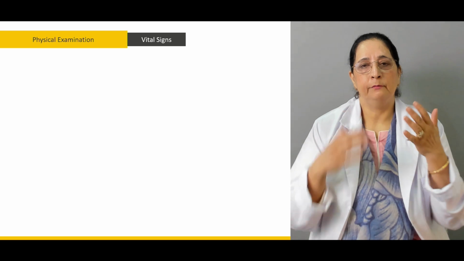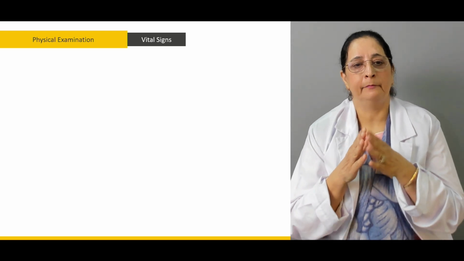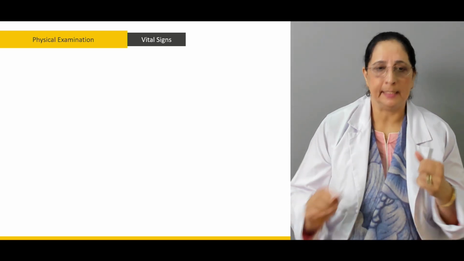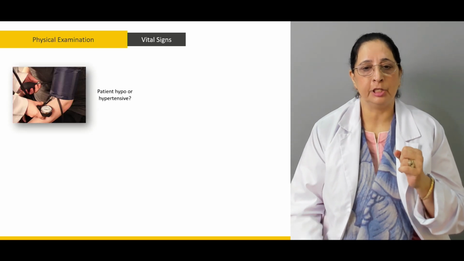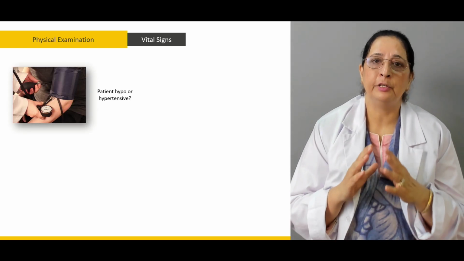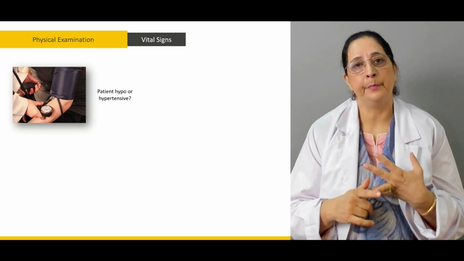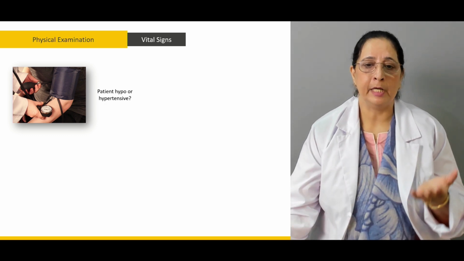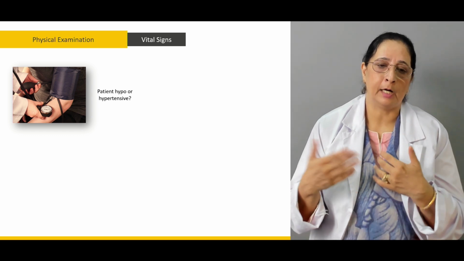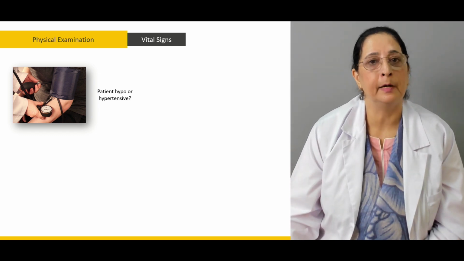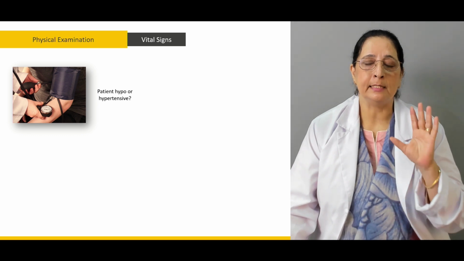Next, what are the vital signs which help us in the physical examination of the patient? Make sure we know whether the patient is hypotensive or hypertensive. Hypotensive is low blood pressure, hypertension is high blood pressure. So vital signs are important.